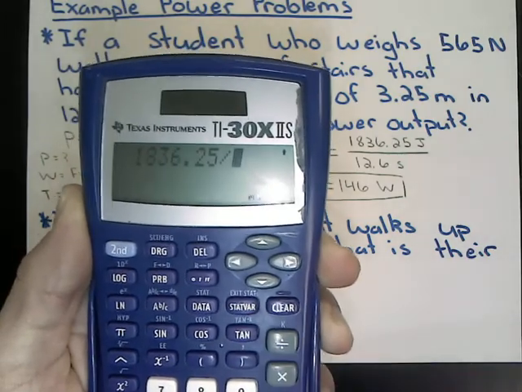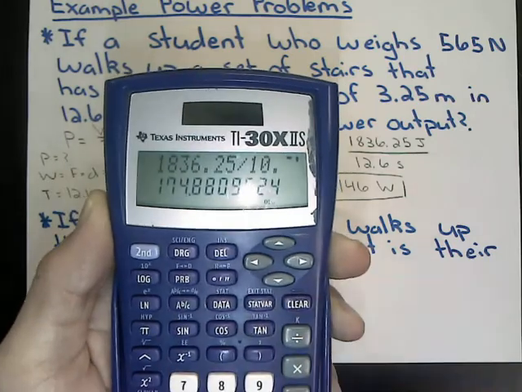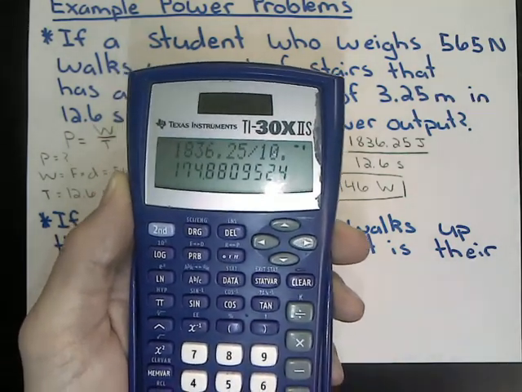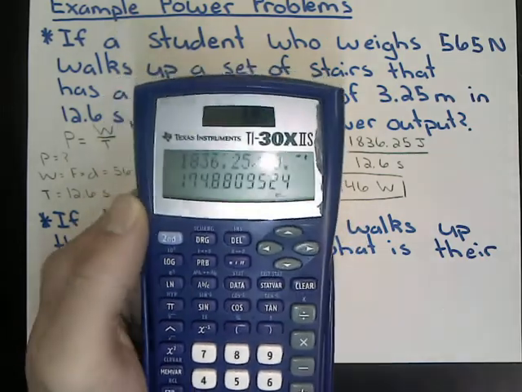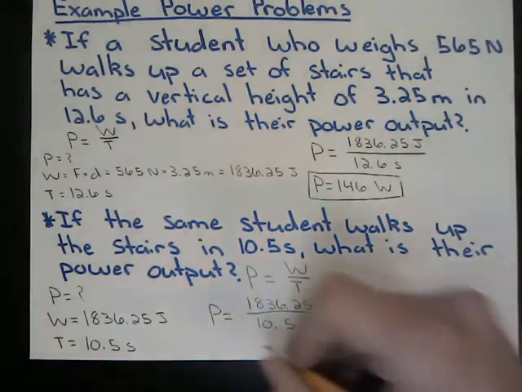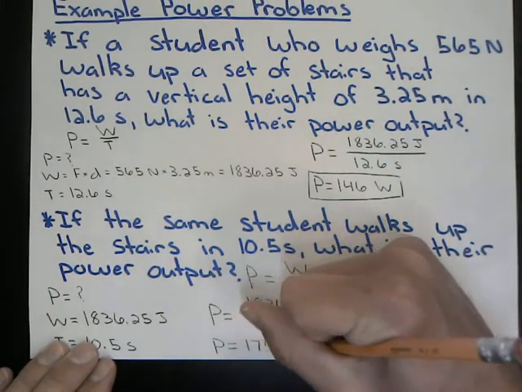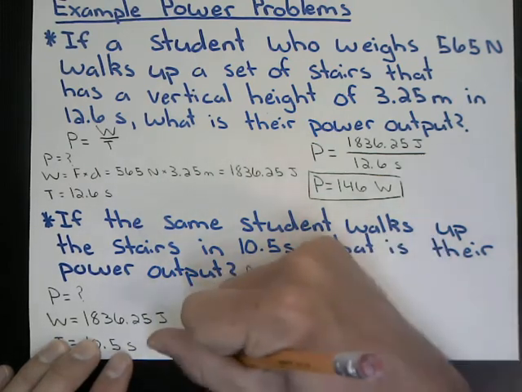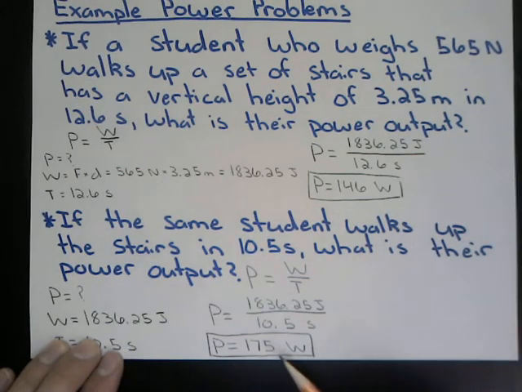So in our calculators, all we have to do here is put 1,836.25 divided by 10.5. We press enter, we get 174.8 and lots of other decimals. Again, we only want to round this to 3 total digits, so this would round to 175 watts. So power in this case is 175, big W non-italicized, standing for watts. Now again, just to emphasize the time factor.